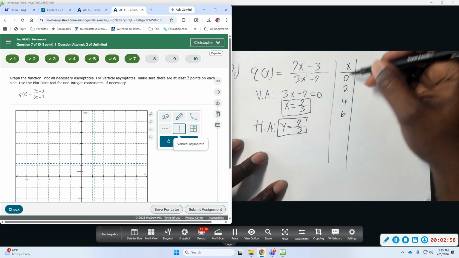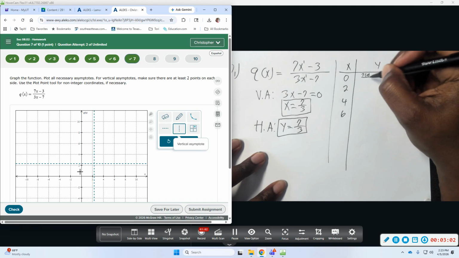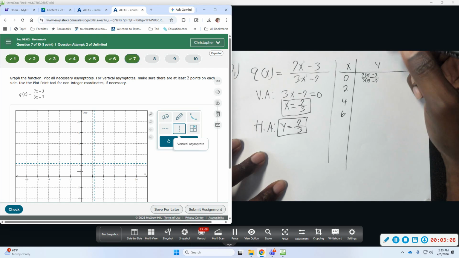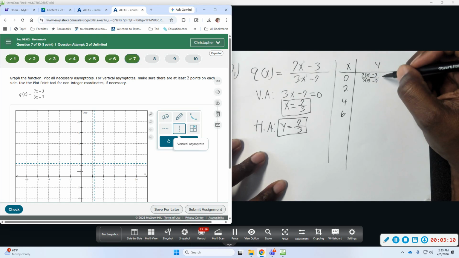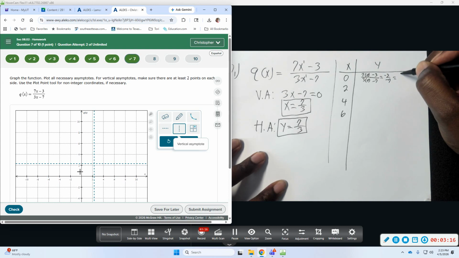So I'm going to plug in 0. 7 times 0, it's going to 0 out. 3 times 0. So these are going to 0 out. It's going to give me a negative 3 over negative 7, which is just going to be a positive 3 over 7. So that's one ordered pair.